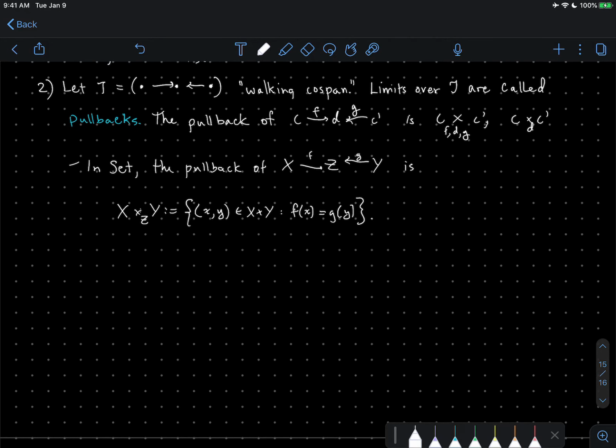Great. Dually, we can take I to be the diagram still with three objects, with the maps going in the opposite directions, so that is the opposite. This is called the walking span.